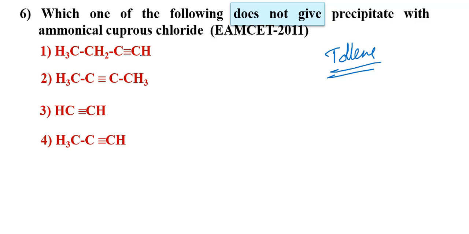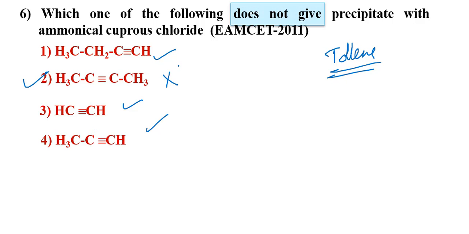Generally our conscious will say okay, the test is giving, that's why we will take this answer, so we don't think about other options. But the question is asking does not give. Does not give means it is giving, it's giving, it's giving. This is not giving, so answer is second.